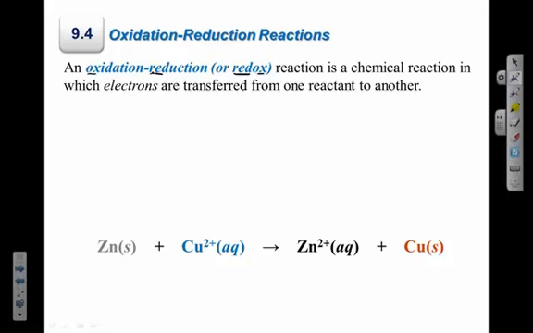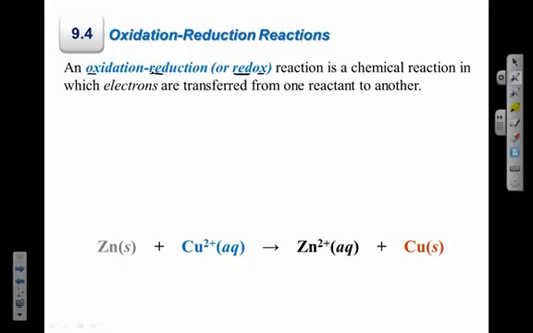So in the most basic sense, we have something that has loosely held electrons relative to something else that could pick those electrons up. So again, we also still need a collision. The two particles need to come together and collide. The one that has the loosely held outer electrons, the other one will have to collide, and its nucleus will have to attract those electrons and pull them away.